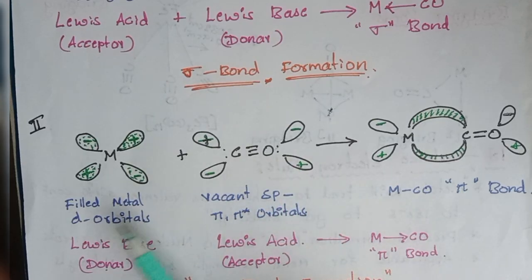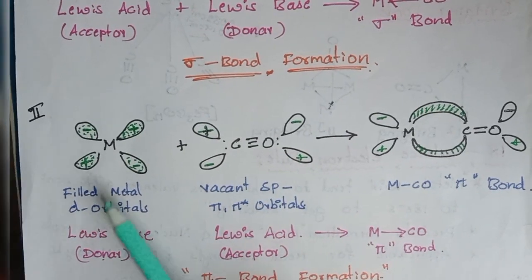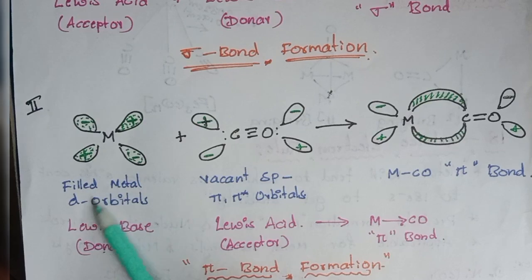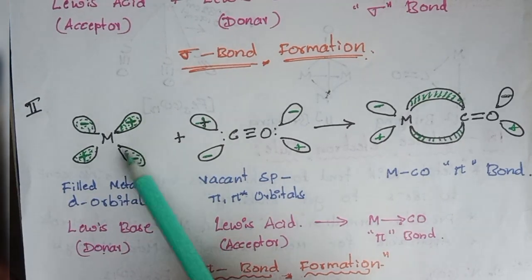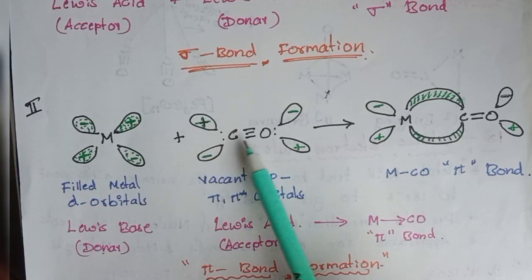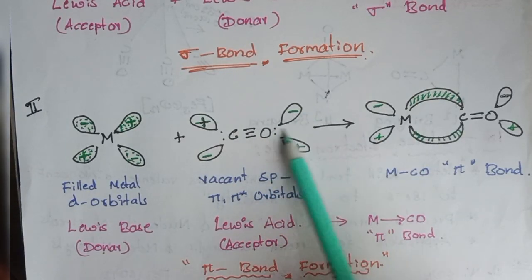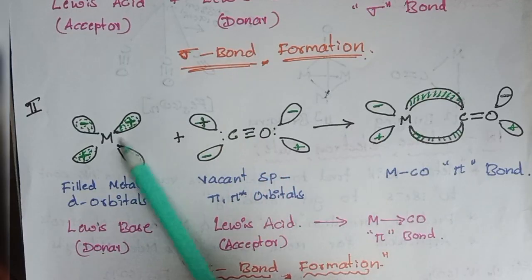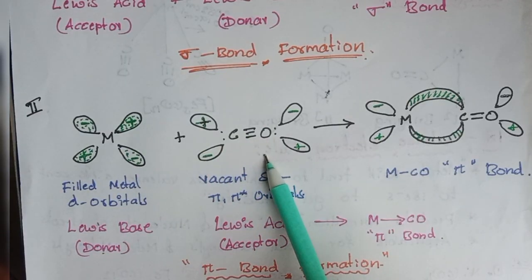So in pi bond formation, the metal has filled d orbitals, so the metal has electrons here, and carbonyl has vacant pi star orbitals, so it is in a position to accept electrons from the metal ion.